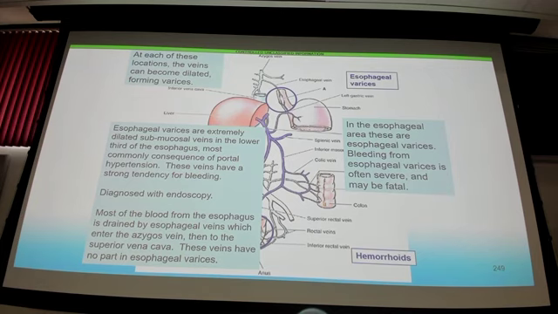The only way you're going to see this is through endoscopy, and you see that things have gone through and eroded. Those veins become dilated because they're getting engorged, and then things go by there and rub on them, or you start coughing too much, that kind of stuff, and the esophageal varices start to bleed.